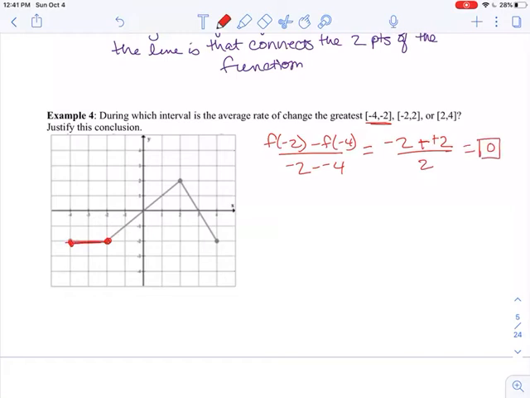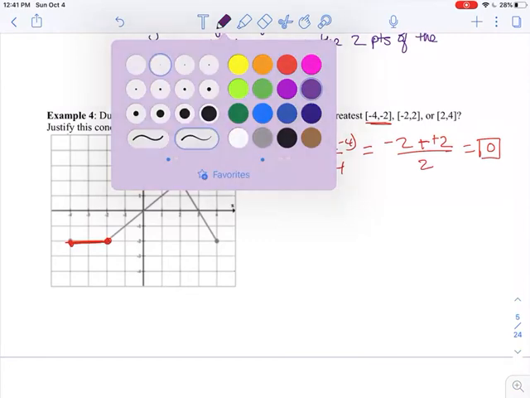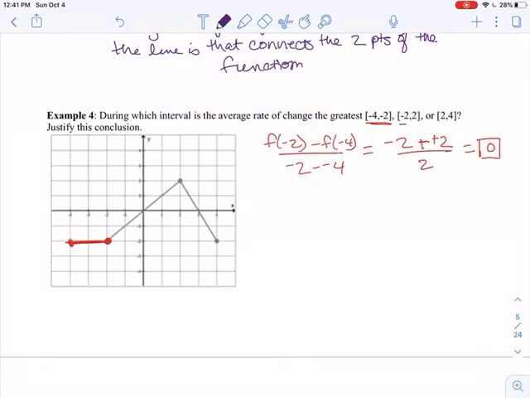And on top, that's 0. And that makes perfect sense because I'm doing it right here. Is that increasing between those 2 points? No, that is a horizontal line. That is a slope of 0. Now I'm going to try that next one between -2 and 2. So I'll do f of 2 minus f of -2 over 2 minus -2.